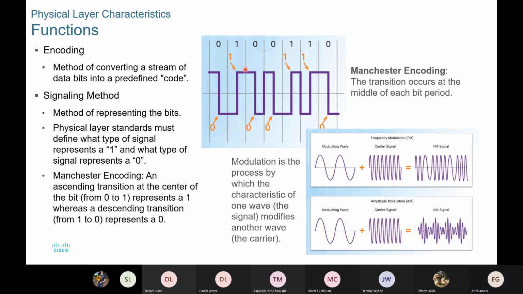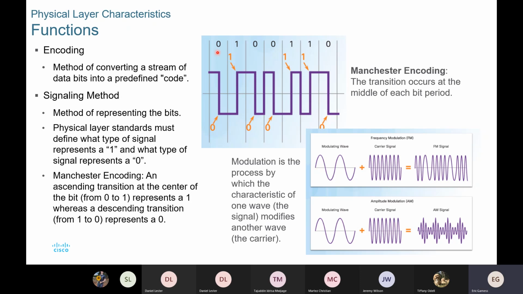Manchester encoding works like this: if you want to represent a 0, in the middle of the bit you need a falling transition. And if you want to represent a 1, in the middle of the bit you need an ascending transition. Not a descending, but an ascending.